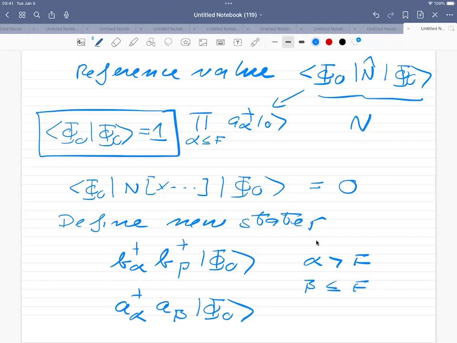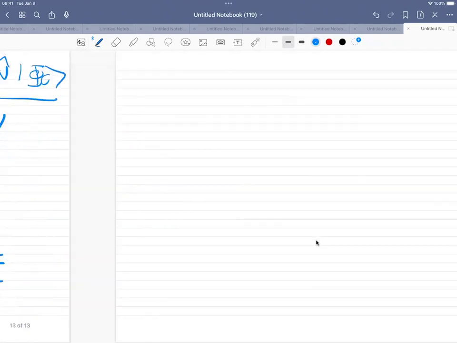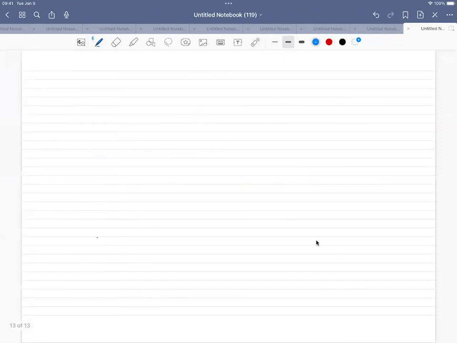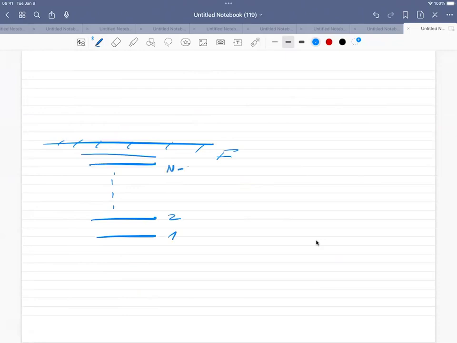So what does it mean pictorially? A picture which we can make of this new state uses the definition of all the single particle states up to the Fermi level. So we have filled in 1, 2, up to n minus 1 and n. Suppose we have the state beta here. This particle is now taken away from that slot.